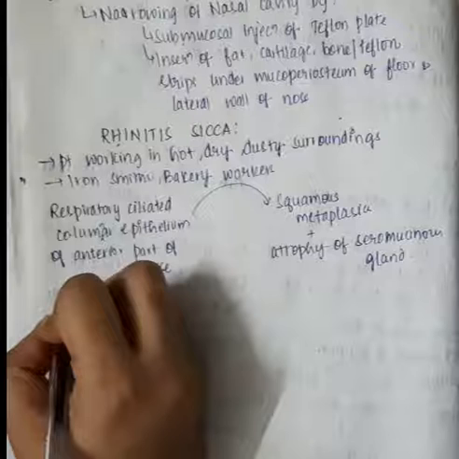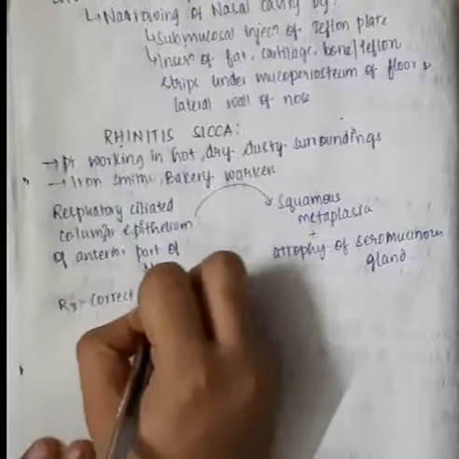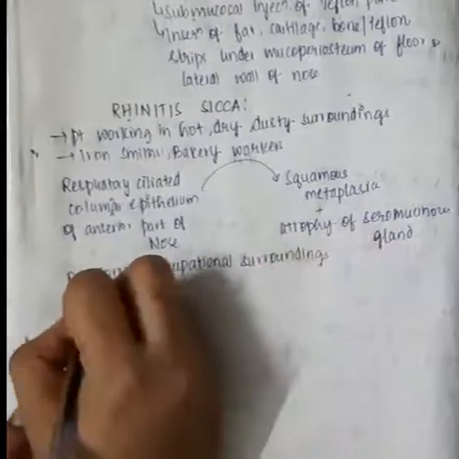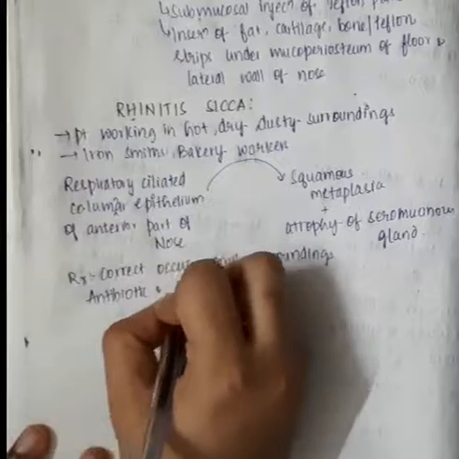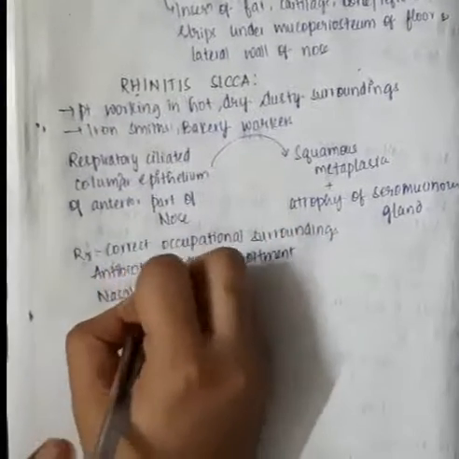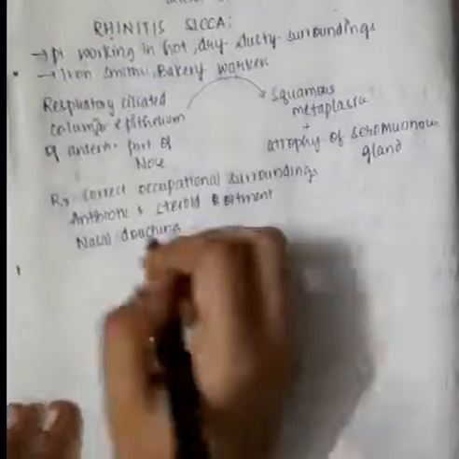Because of that hot, dry, dusty environment, the epithelium undergoes metaplasia and atrophy of seromucinous glands occurs. Treatment is, first, correct the operational surroundings, then give antibiotics, steroid ointments can be given, and then you should do nasal douching. So this is about rhinitis sicca.